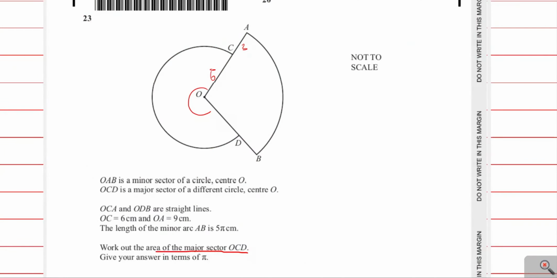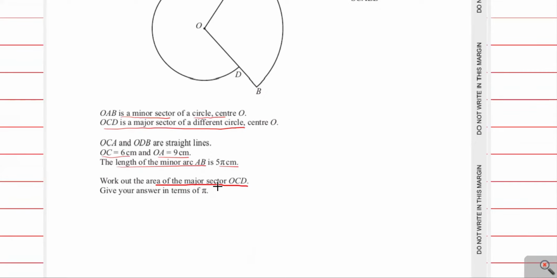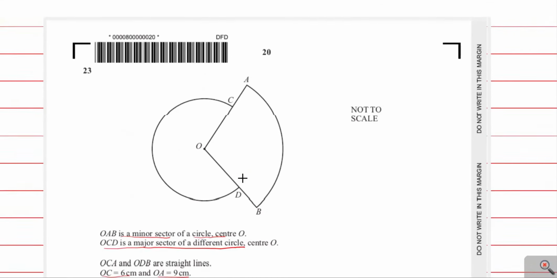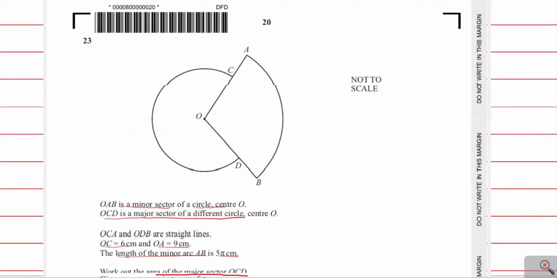Question 23. OAB is a minor sector of a circle. OCD is a major sector of a different circle with center O. Work out the area of the major sector OCD. Look here, this is the major sector and we have to calculate the area. To calculate this area, we have to calculate the angle.